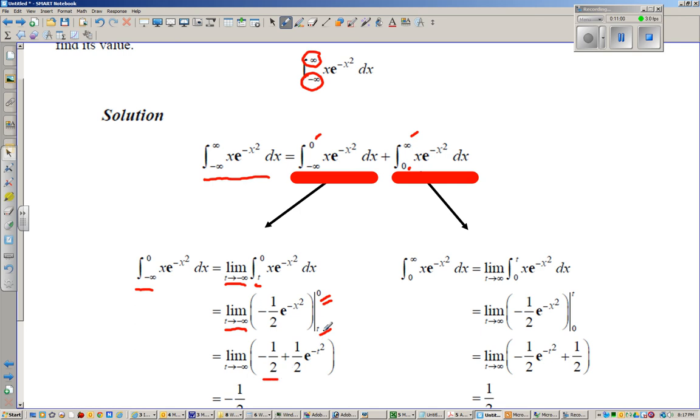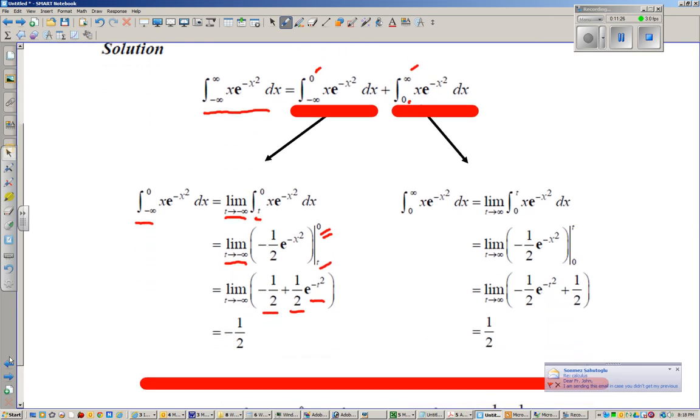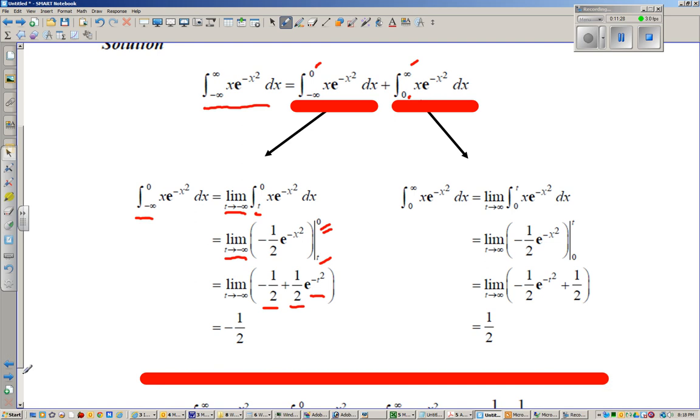If I put my lower limit in, negative infinity, and my minus a minus, I get a plus 1/2 now, e to the negative t squared, and again t is going to go to negative infinity, square it, but it's negative, it's going to go to 0, and so I'm going to get negative 1/2 plus 0. The whole thing will settle out to negative 1/2.